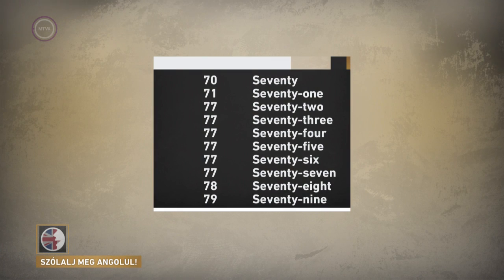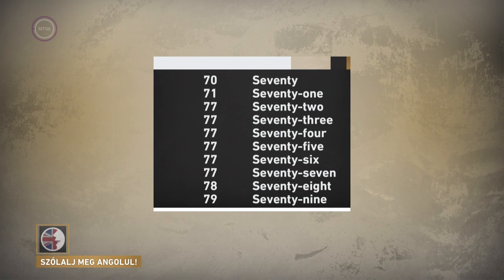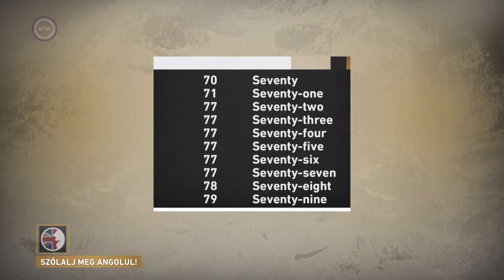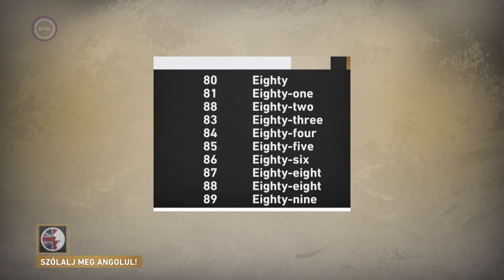That's right, 70. 70 is spelled seventy. And we know the pattern. 71 is seventy-one. 72 is seventy-two. So, and what number comes after 79? That's right, 80. 80 is spelled eighty.